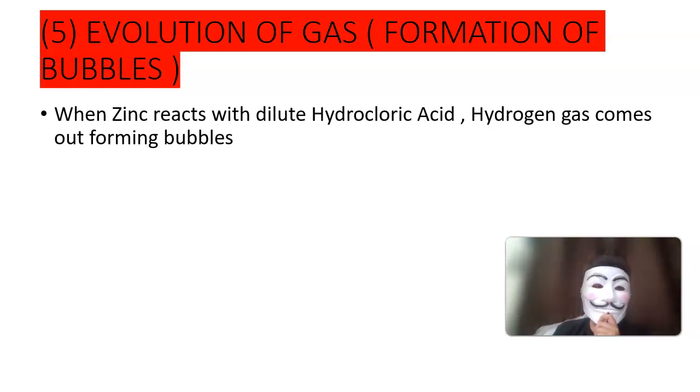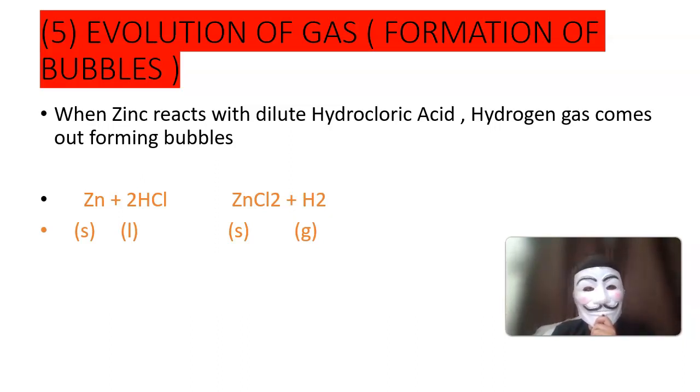So this we just read up, that zinc, Zn, reacts with dilute hydrochloric acid, HCl. Hydrogen gas comes out forming bubbles. So here also zinc we know is solid and hydrochloric acid is liquid, while it forms hydrogen gas which comes out forming bubbles. So if you're watching till here, this was our last topic.